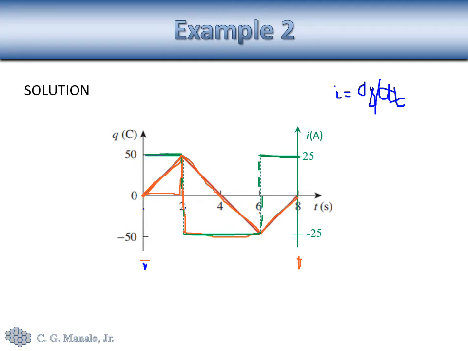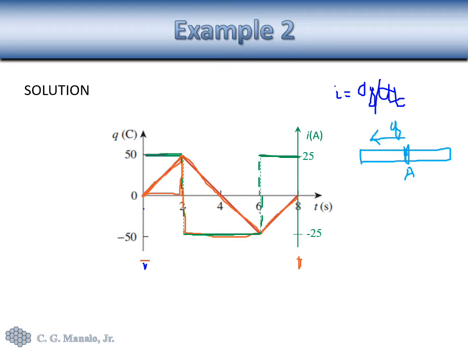Okay, so take note that we're talking about a wire here, and charges flowing past a given point. So let's say this is point A in the conductor or in the wire, and let's say we observe the amount of Q that is crossing point A. So starting with 0 seconds, it crosses going to the left direction.